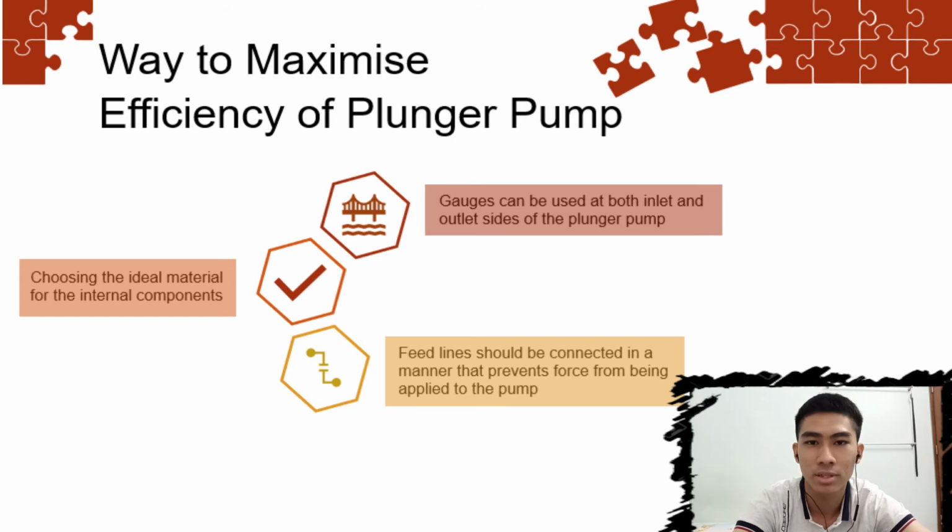Besides that, abrasive wear of internal components such as valve seals and plunger itself should be minimized by choosing the ideal material for component. Next, feed lines should be connected in a manner that prevents force from being applied to the pump. Use support to distribute the pump weight and use connection that can accommodate expansion force or other forces created by minor misalignment.